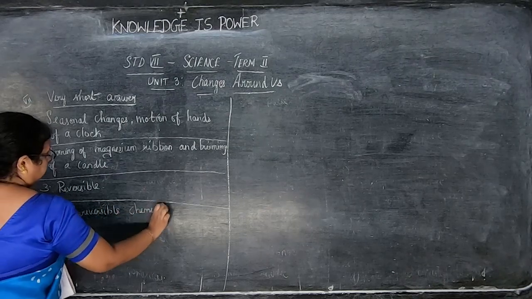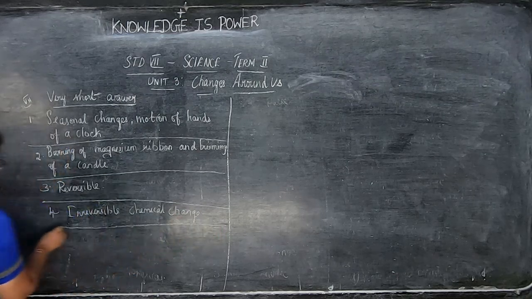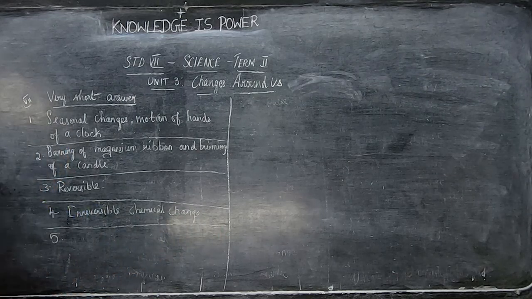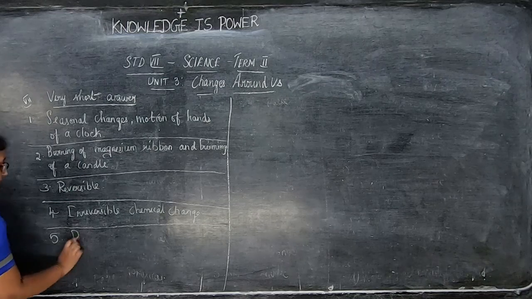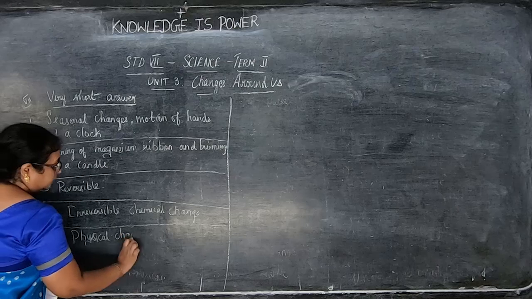Irreversible chemical change. The next, fifth one. What type of change is coloring of a paper? Physical change.